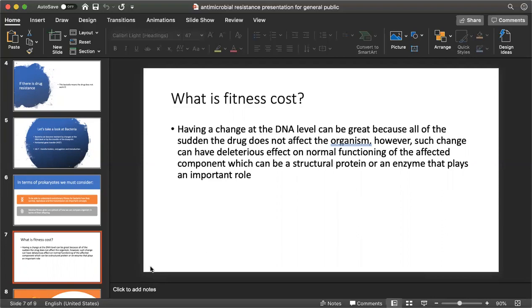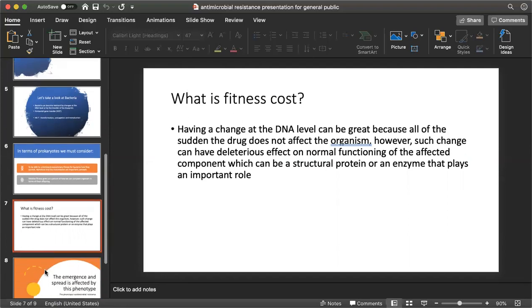This component could be a protein. Protein is made of amino acids, or an enzyme, which is basically a protein. However, it speeds up reactions, and these reactions can be very crucial in the normal functioning of the organism.